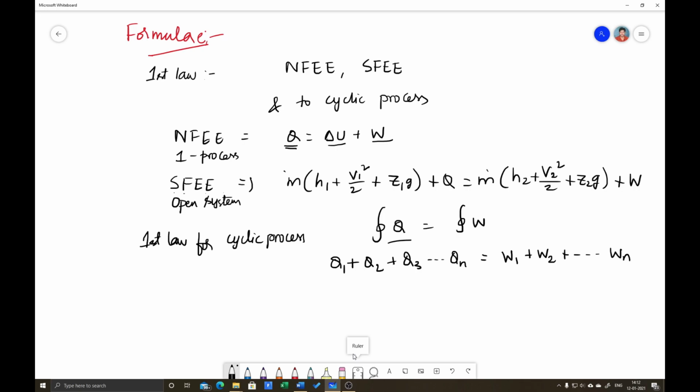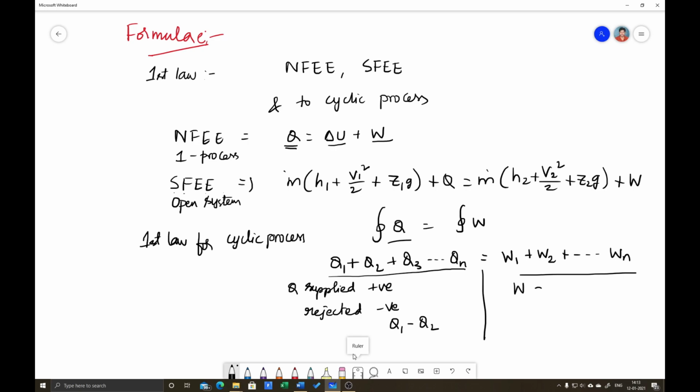You have to remember that sign conventions should be followed. If Q is supplied, it is positive, and if it is rejected, it is negative. That means if Q2 is rejected, you should write Q1 minus Q2.